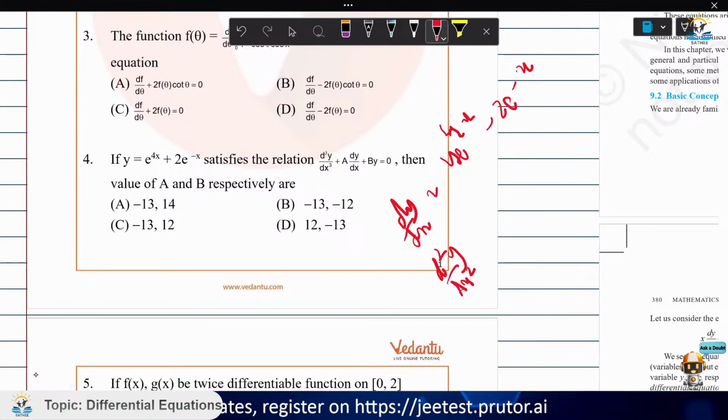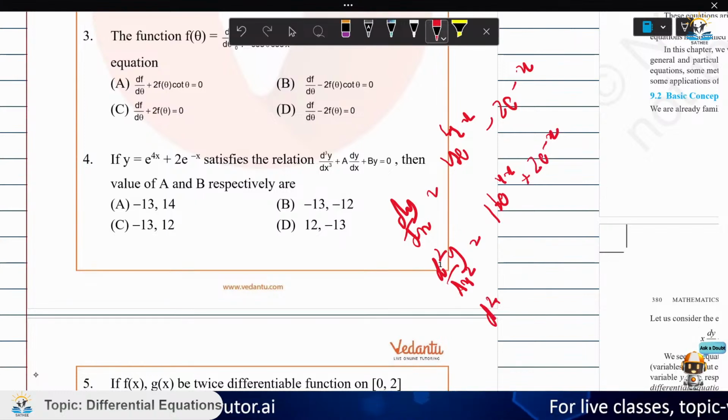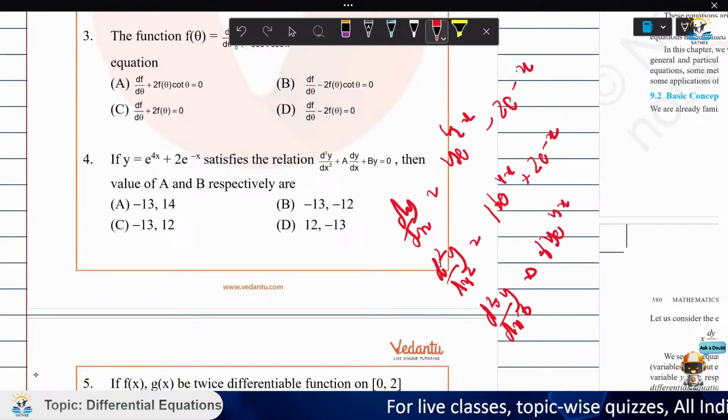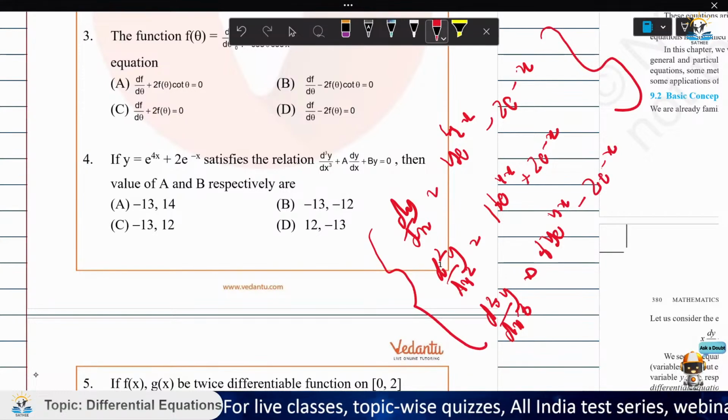Double differentiating. Now differentiating it again. This is what the derivatives look like, and we put them in the equation.